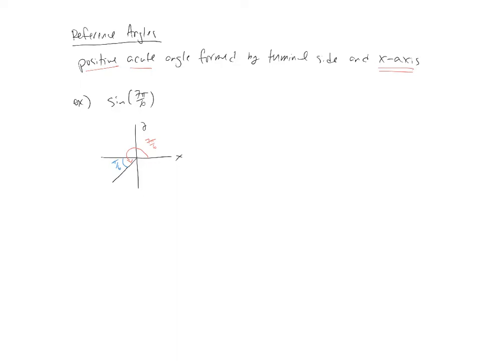Now, from here, we can go ahead and drop our perpendicular. Remember, it's got to be attached to the x-axis, and that gives us our triangle. If we label things just like we did in the last section, we're going to have a 1, a 2, and a square root of 3.